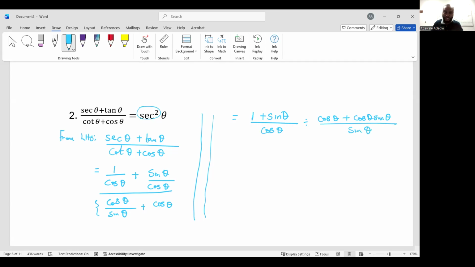You can just pause this video and try to solve this. Cosine of theta divided by sine of theta plus cosine of theta. Just solve this. I can multiply this by sine of theta so that I have the same denominator, and in the end, that is what I have. It's as simple as that.